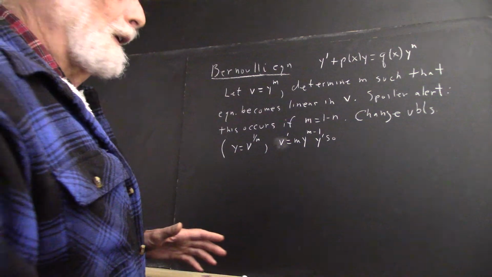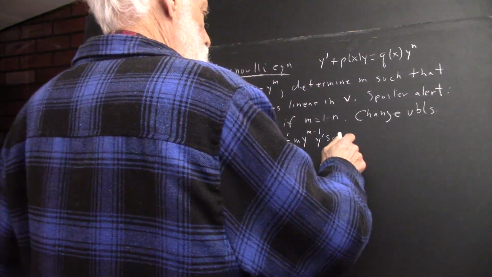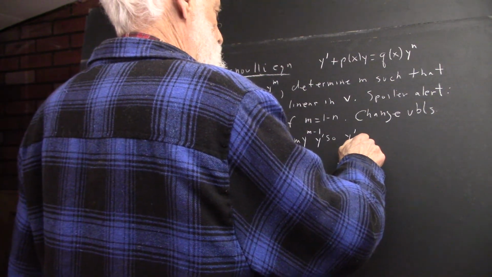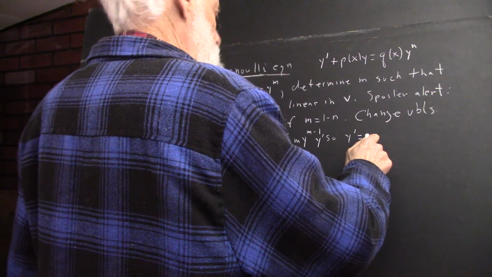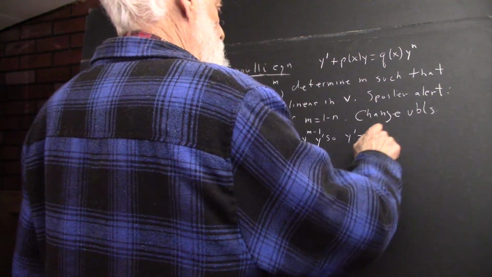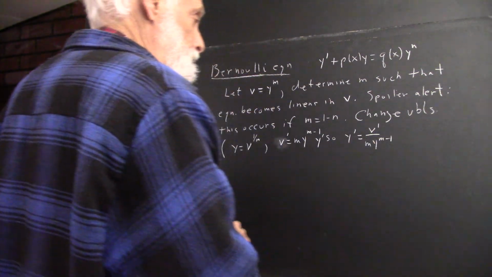I think I tried to say that a minute ago and left something out, but there it is. So y prime equals v prime over m y to the m minus 1.